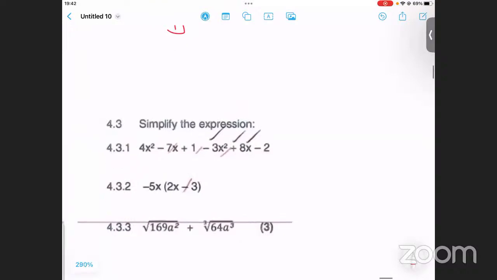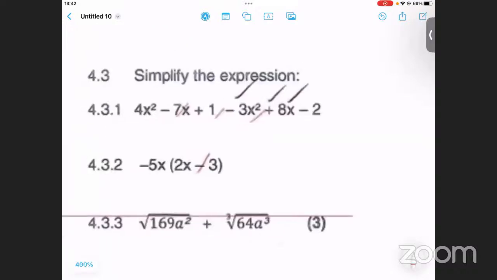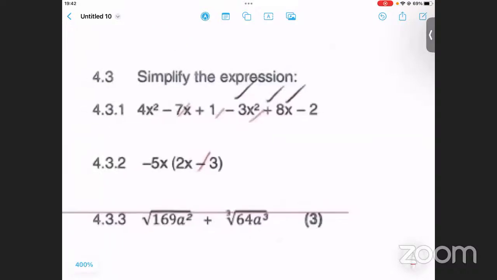Now let's move to simplifying the expression. So we're having 4x squared minus 7x plus 1 minus 3x squared plus 8x minus 2. And what's going to be our answer? We are simplifying the expression here.